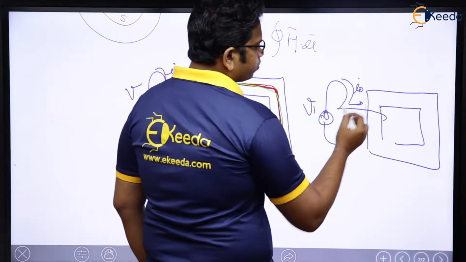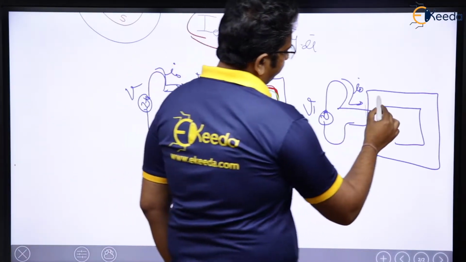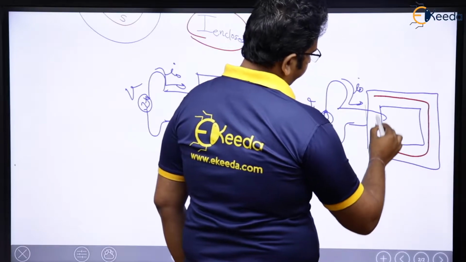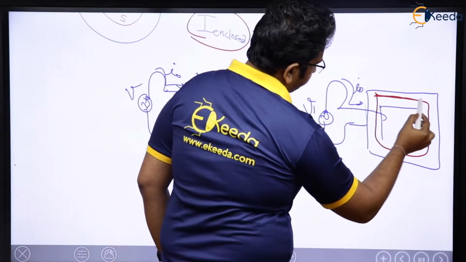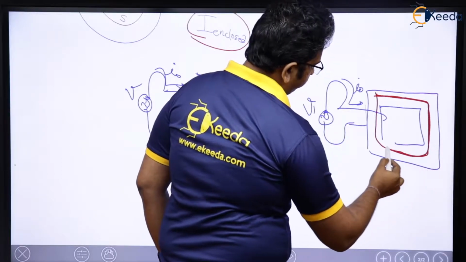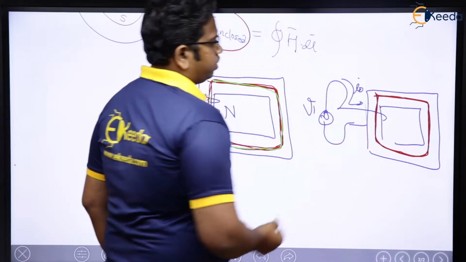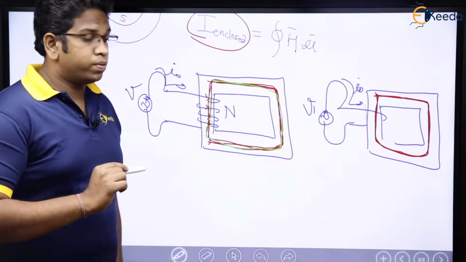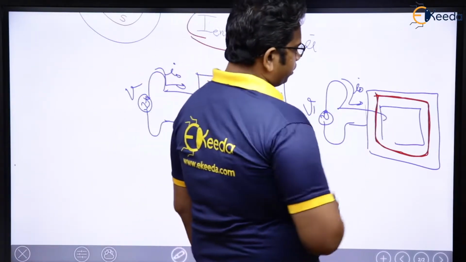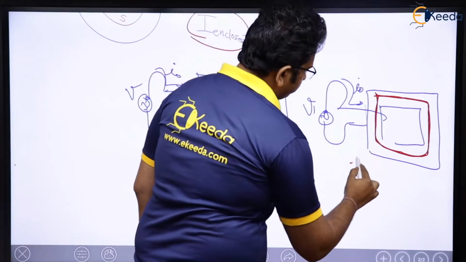I naught is flowing, which means there has to be flux here. So, for this closed path of the flux, how much is the current enclosed here? It is nothing but I naught only.